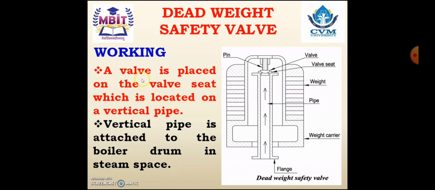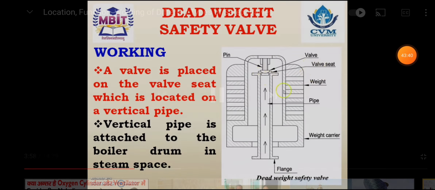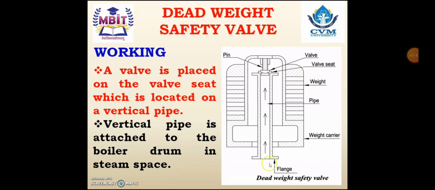Working. A valve is placed on the valve seat, which is located on a vertical pipe. This vertical pipe is attached to the boiler drum in the steam space.